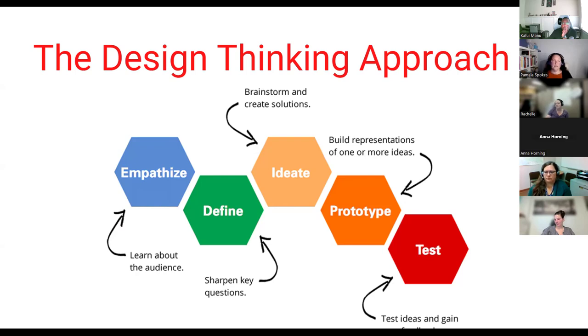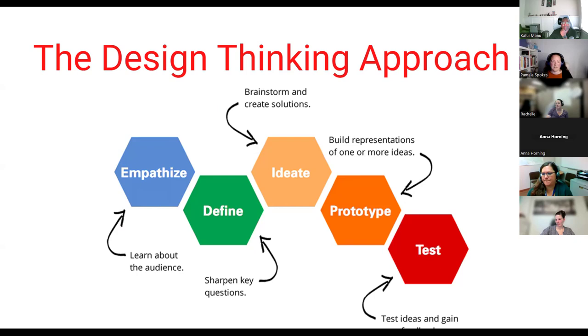And then you start to build representations of one or possibly two or three of the ideas that you've come up with, and just see in a very, very simple way how you might test those, right? It's really important not to invest almost any money in the prototyping part of this. Even if you're coming up with something digital, there are ways to make what I call dumb prototypes.